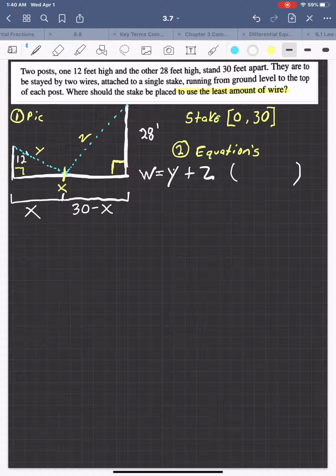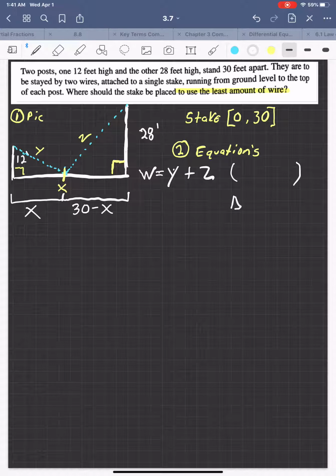All right, well, what other equations out there would relate to the y and to the z? Let's start with the y. As soon as I drew that right angle, hopefully you were thinking that the Pythagorean theorem would help us out. So let's start with the first triangle, right?